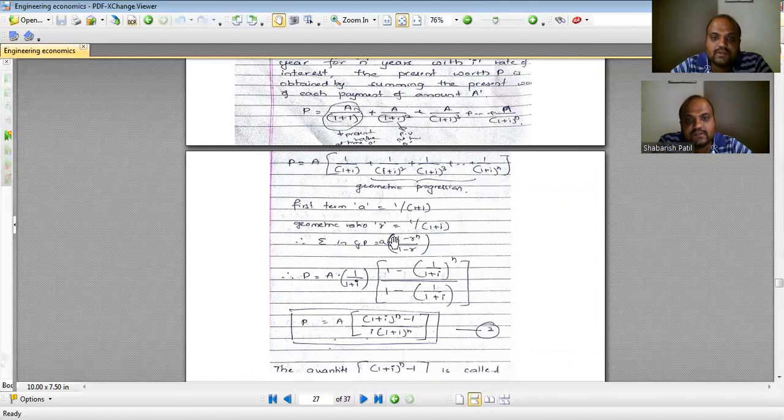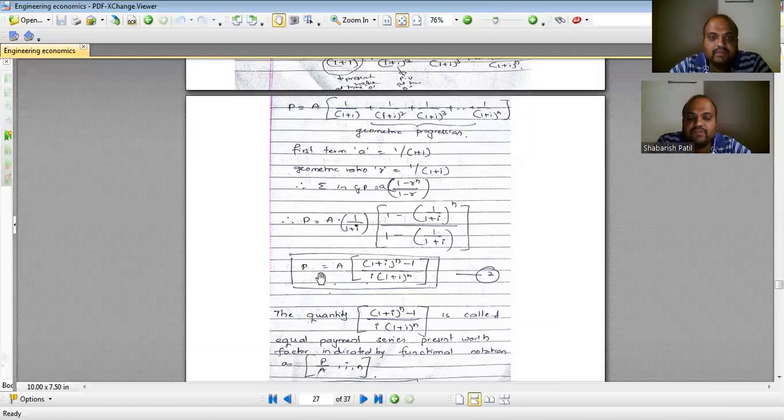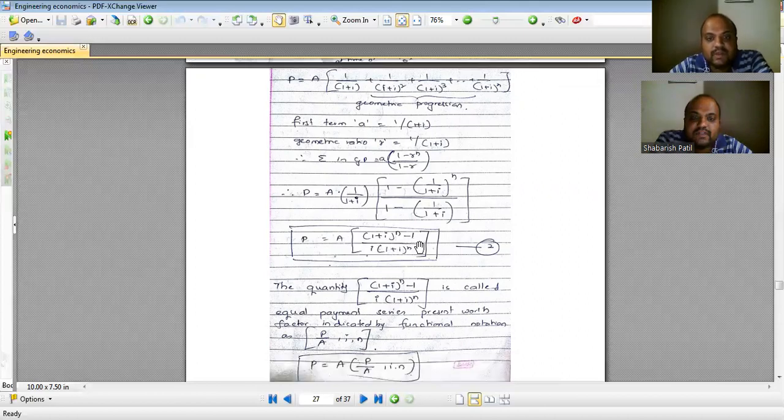The sum of all the terms in a geometric progression is a into (1 minus r raised to n) divided by (1 minus r). If I substitute these values, I will get P in the form of A, that is equation 2. Let me read out the equation: P is equal to A multiplied by ((1 plus I) raised to n minus 1) divided by I into (1 plus I) raised to n. This is my second equation.